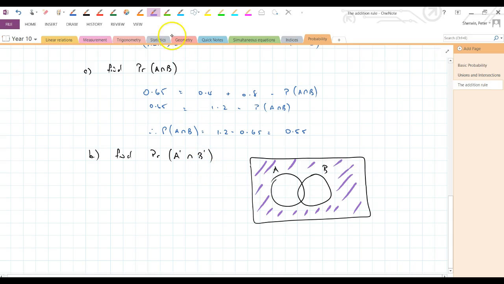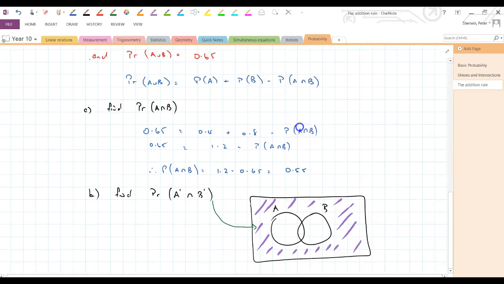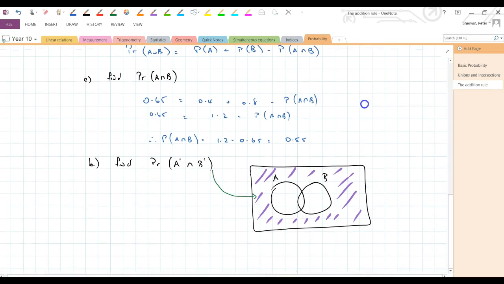So A complement intersection B complement is all this around here. Now we know what A union B is. It's 0.65. So this is 0.65 in here. So outside that must be 0.35. So that was 1 minus 0.65.